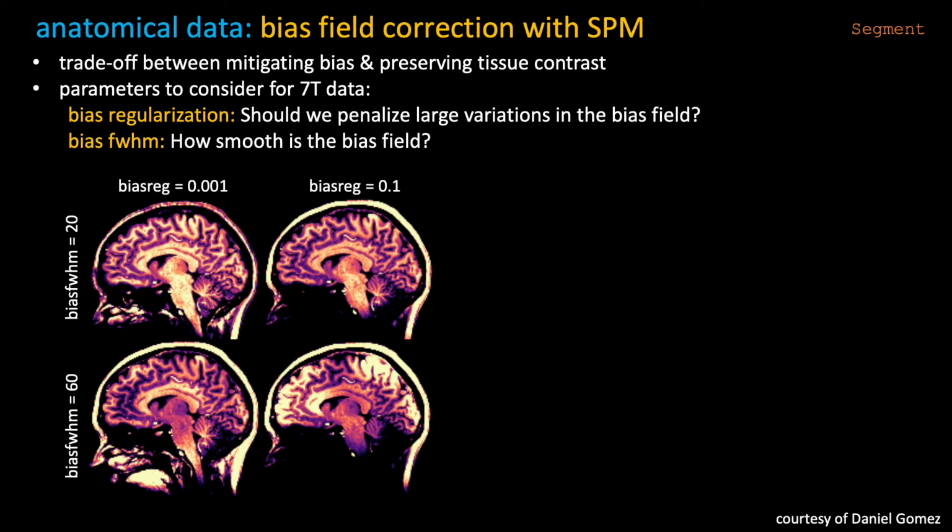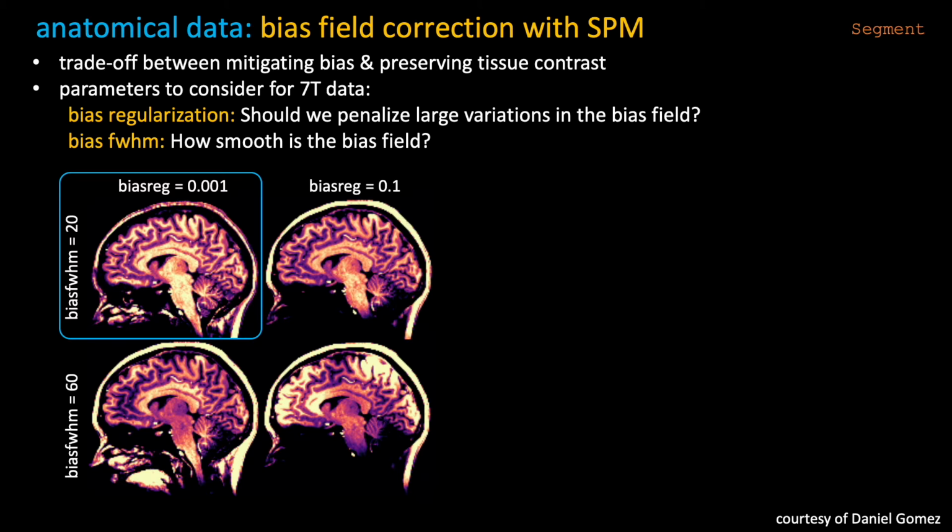I believe this is the lowest smoothness that we have available through the graphical interface of SPM. If you want to go lower, you have to actually use the scripts, which is what I use. And you can see that these 2 images don't look particularly good. I would not want to do surface reconstruction on them. The top row looks better. And specifically, this parameter combination turned out to be the best for our data.